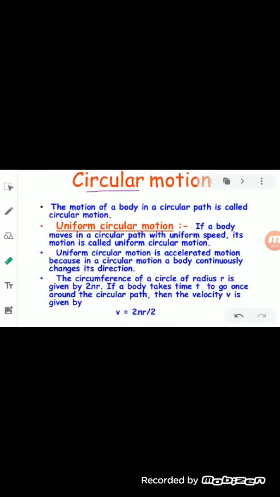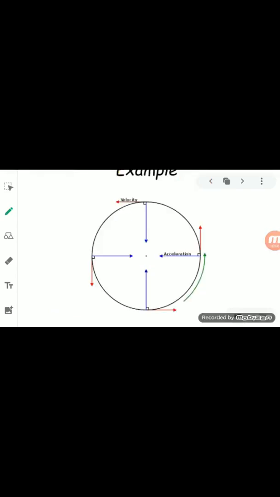Okay, you can see by this definition that if a body moves in a circular path with a uniform speed, its motion is called uniform circular motion. So when a body moves in a circular path with a uniform speed, it shows uniform circular motion.